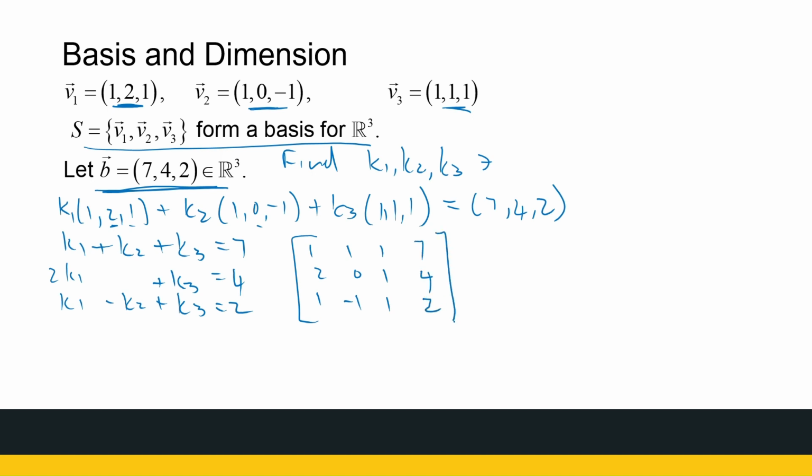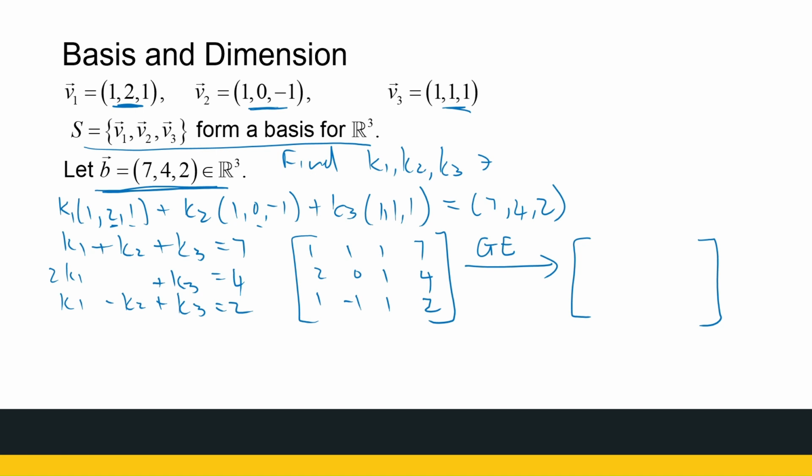I can use Gaussian elimination to solve it. You can also use the inverse matrix method, or Cramer's rule, because the system has a unique solution, so you can use any of those three methods. I'm just going to use Gaussian elimination, but I'm not going to show the steps. You should know the steps, so go through them and make sure you can get there.